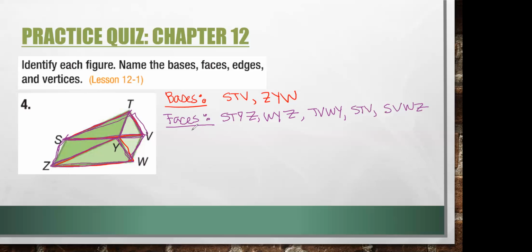Then for the edges, we have this edge here, SZ. Then we have TY right here. And then we have VW right here. And then we have SV over here.